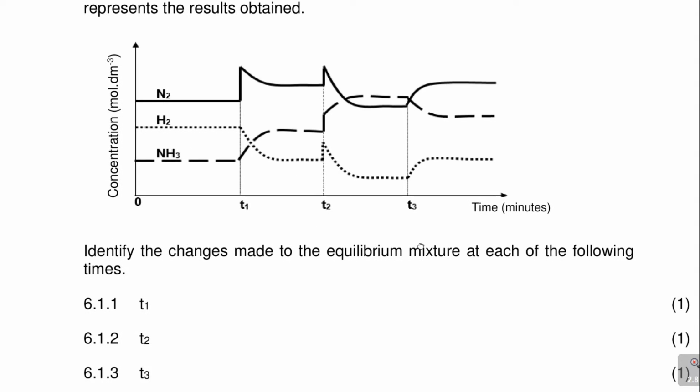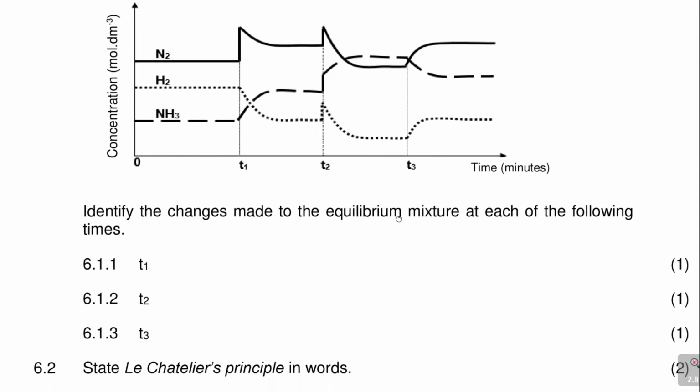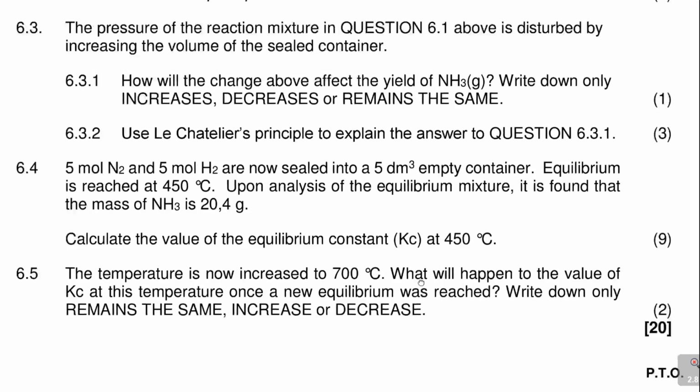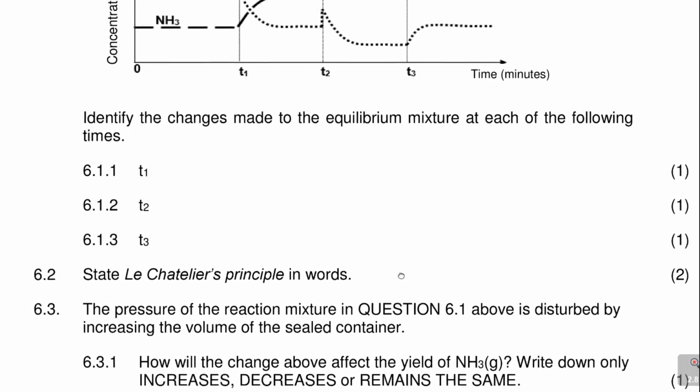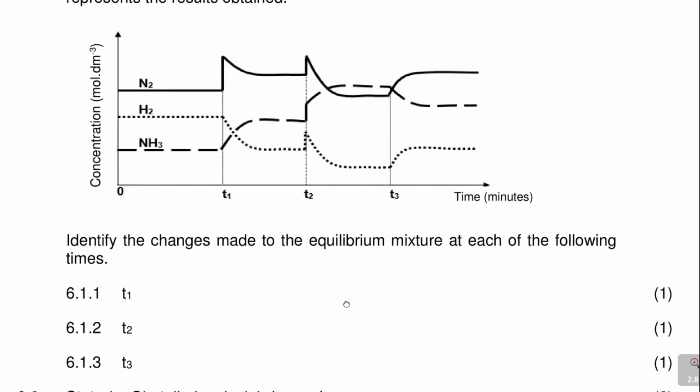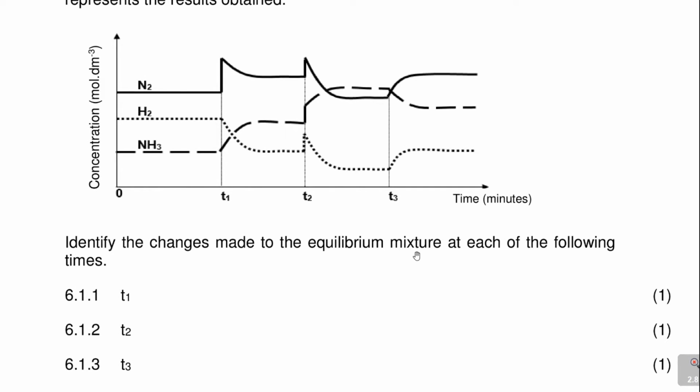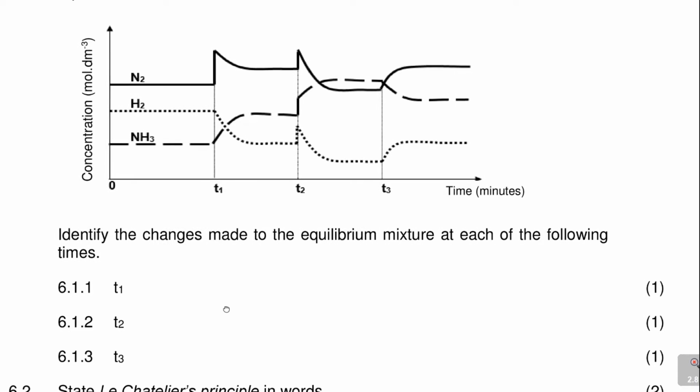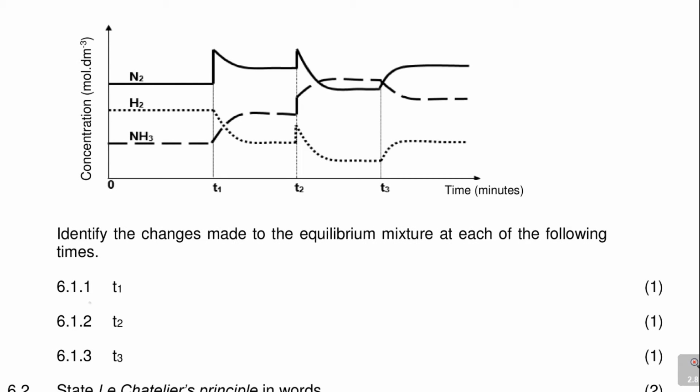In as much as I'm answering KC, I just want to go through the whole question, and this question has 20 marks. Look at this. It says identify the changes made to the equilibrium mixture at each of the following times. What happened at T1? If you look at T1, look at the nitrogen.